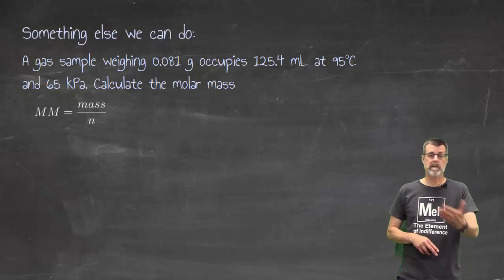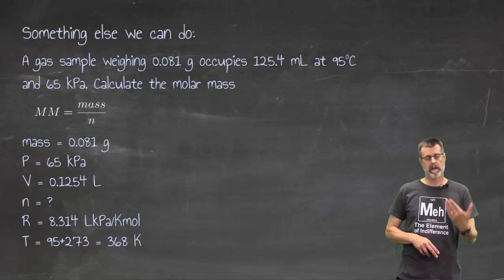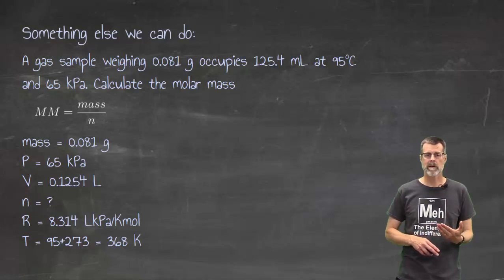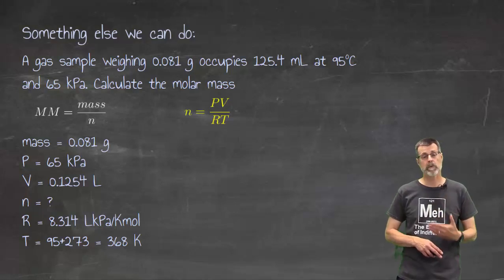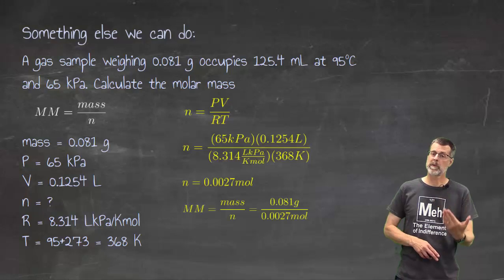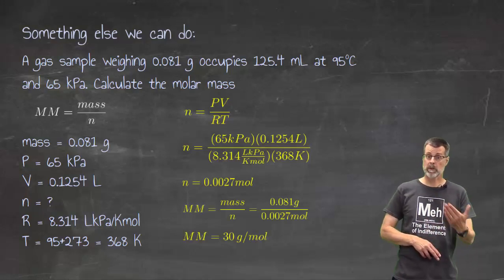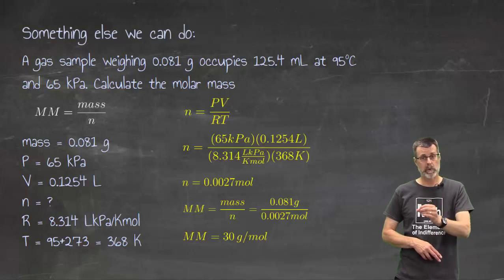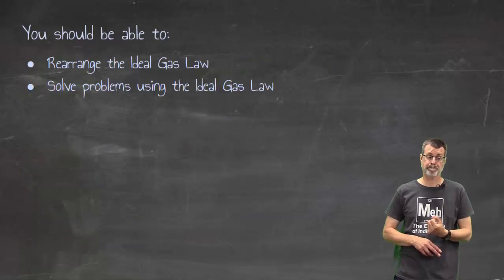Now, molar mass is mass divided by number of moles. I know the mass, I know the pressure, I know the volume, I know all that stuff. What I don't have is number of moles. So I can find the number of moles because what I have is a gas. Find the number of moles, put that into my molar mass formula, now I have my molar mass. So I could now have the molar mass of a compound that I'm trying to find the formula for.